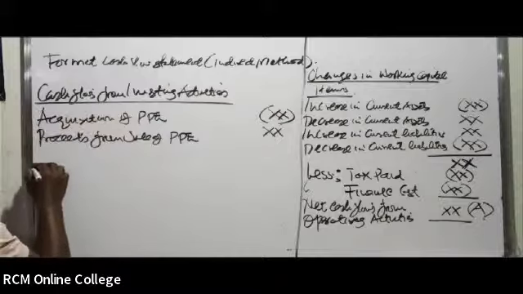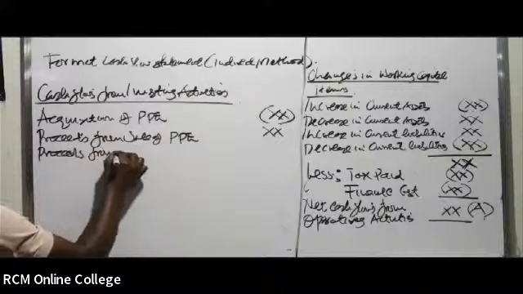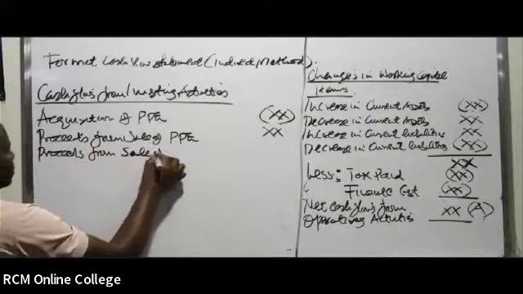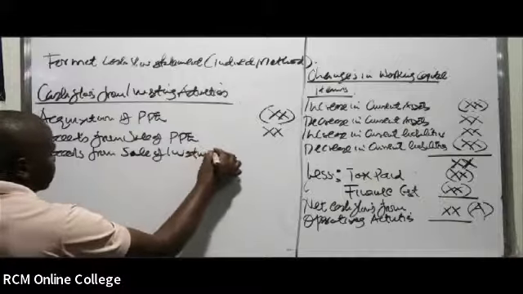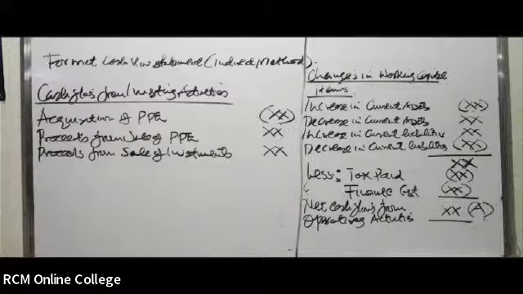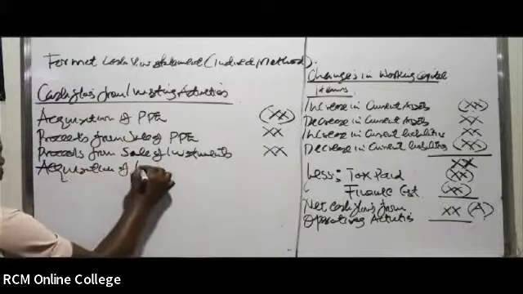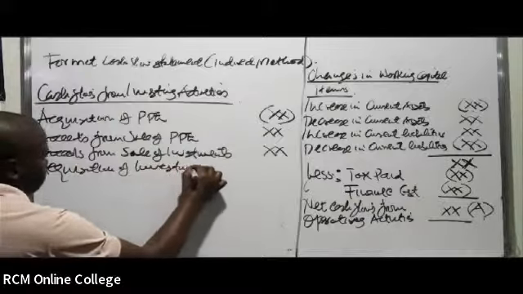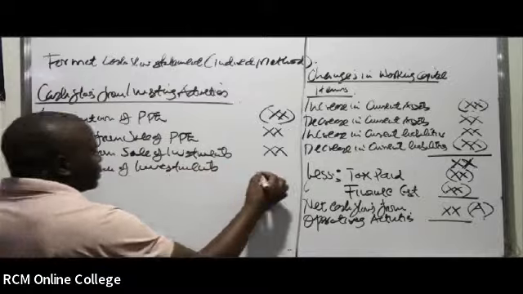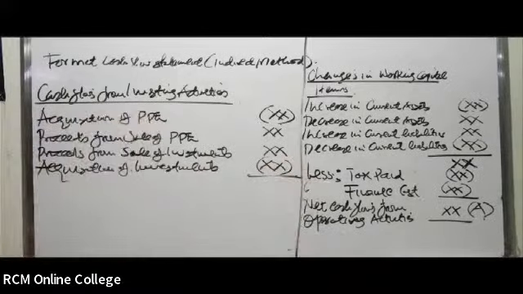Maybe there can be proceeds from sale of investments, if you had shares and you sold. That is an inflow. Maybe acquisition of investments, that is an outflow, so you deduct.